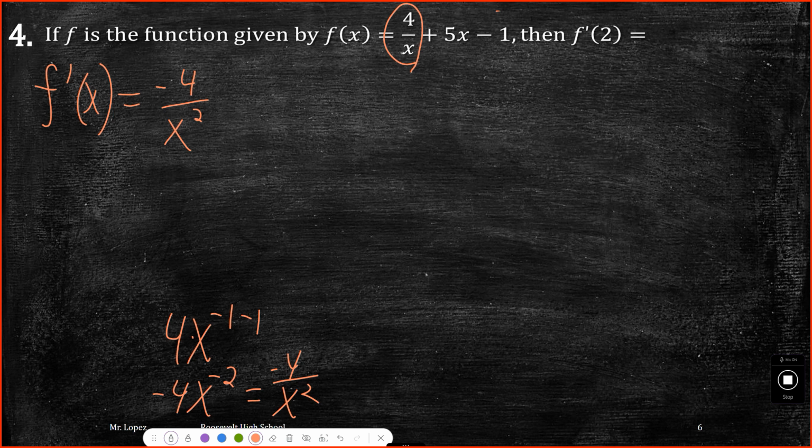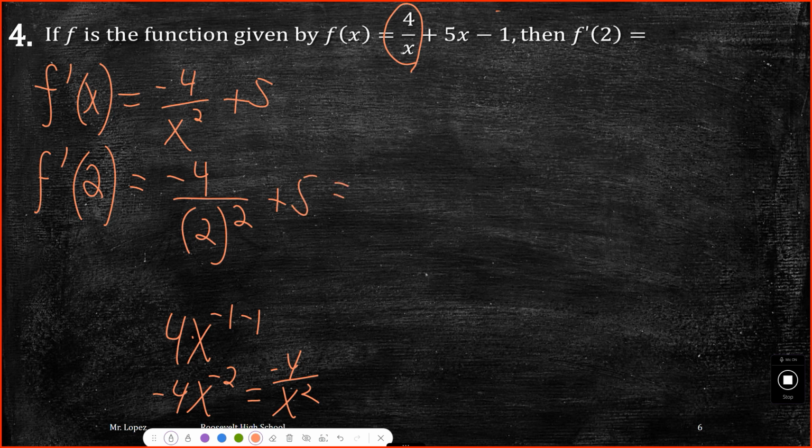All right. Let's continue. The next one is going to be 5, and then the constant goes away. Now we can evaluate at 2. Negative 4 over 2 squared plus 5. And that's 4.